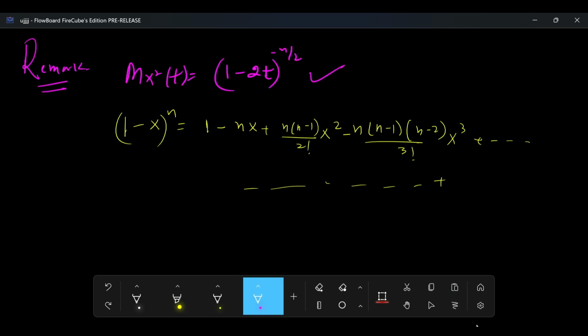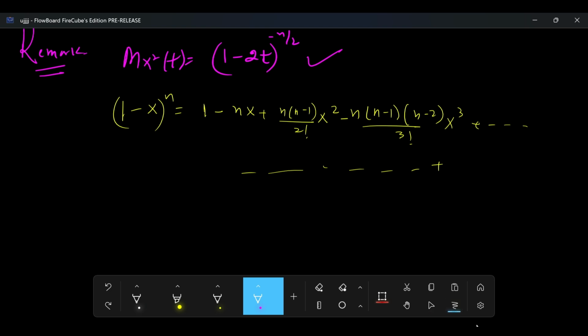See how. This is the MGF of chi square t, this is 1 minus x, this is 1 minus 2t. In place of minus, here is plus, so I can expand this as 1 plus.